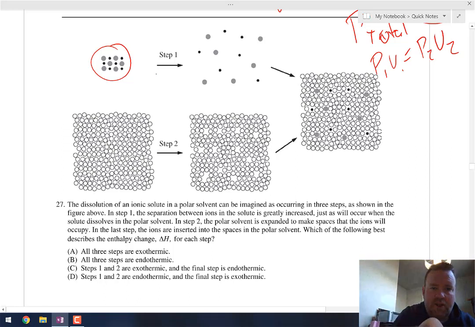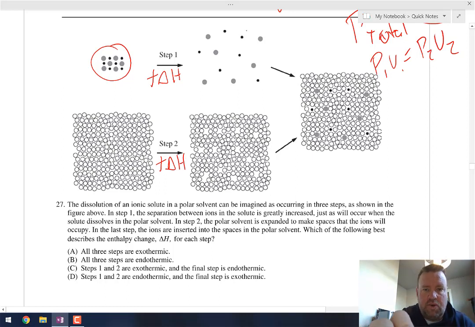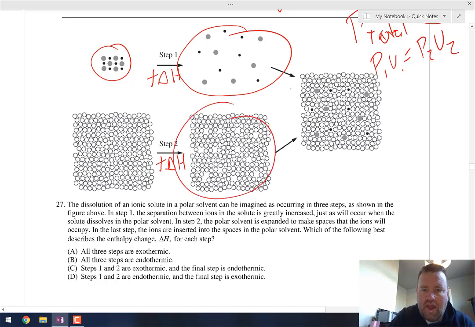That process is always a positive delta H. Step number 2, the water or the solvent particle also has to move apart from itself. That is always a positive delta H. But now we're going to form some new interactions between the solute and the solvent, and making these new interactions is always a negative delta H.